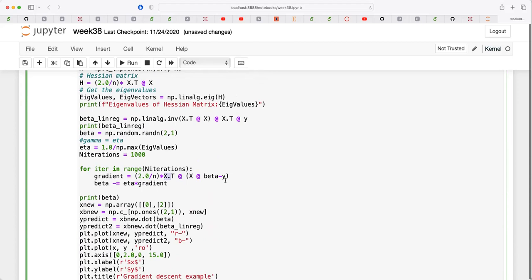Because this is again one of the bottlenecks. As I said, this is a kind of baby case. I have 100 points, and a matrix which has 2 parameters beta, so it's a 100 times 2 matrix. So when I'm performing these matrix multiplications and matrix times vector calculations, this is a very small case.